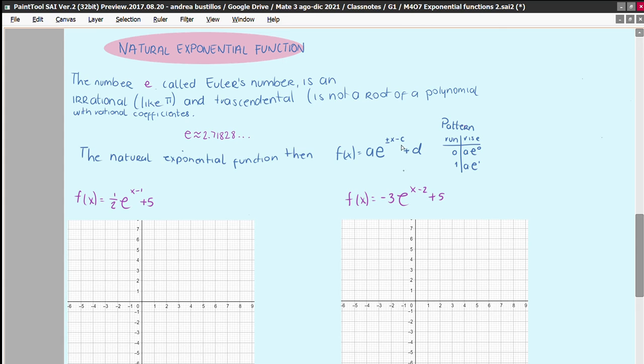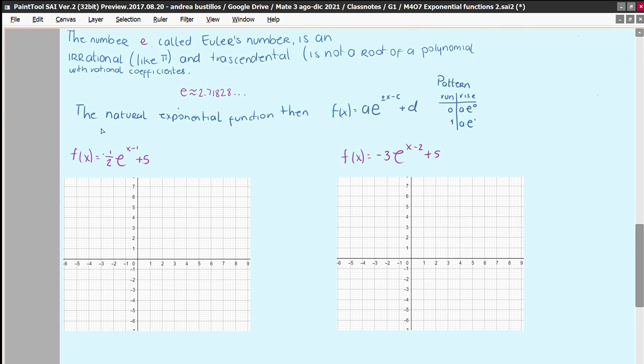So as you can see, nothing has changed but the base. The pattern for run-rise is the same as usual. If you run 0, you're going to rise the leading coefficient times the base. But in this case, the base is e. And everything is obtained as usual.